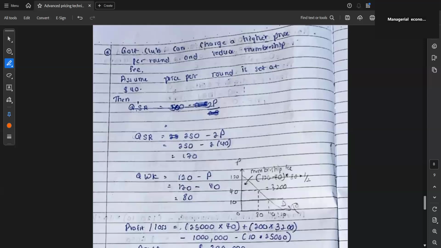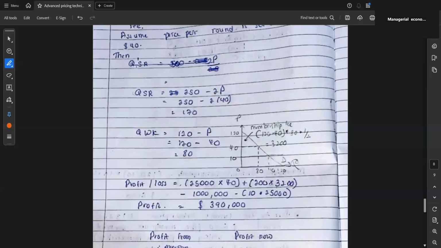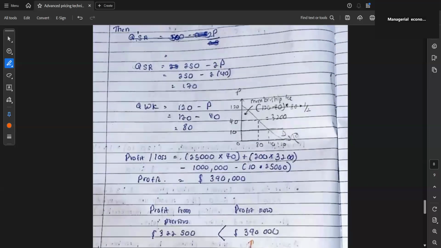If we take the constant usage fee of $40, the consumer surplus we get is the membership fee we are going to charge. So the membership fee accordingly will be $3,200, which is much lower than what the weekend non-retired golfers were willing to pay.